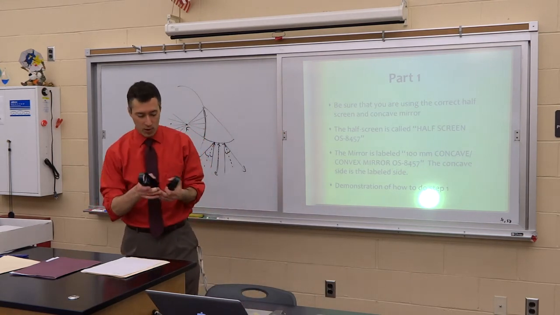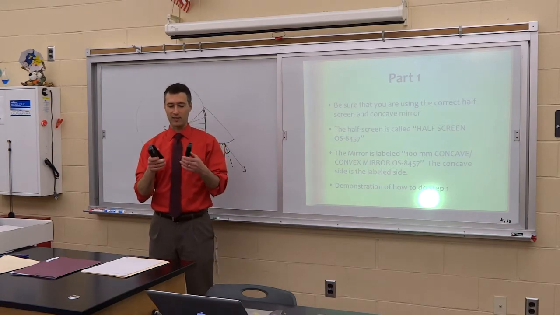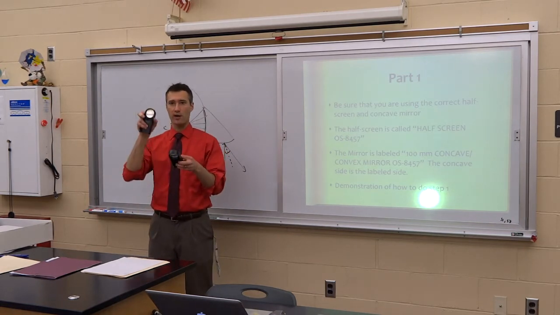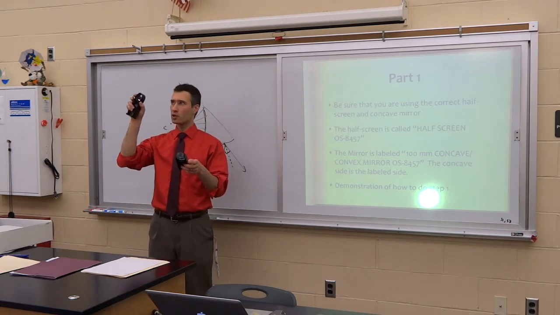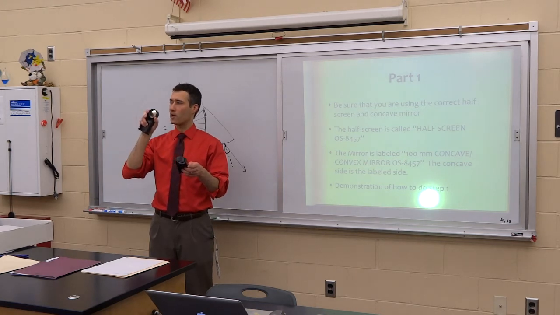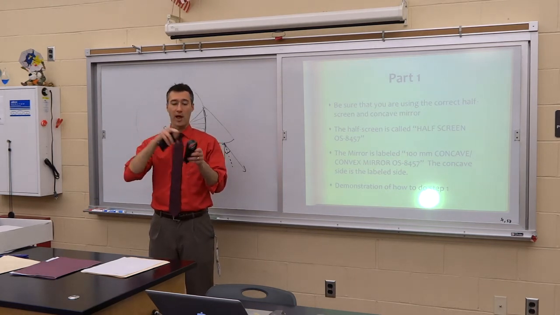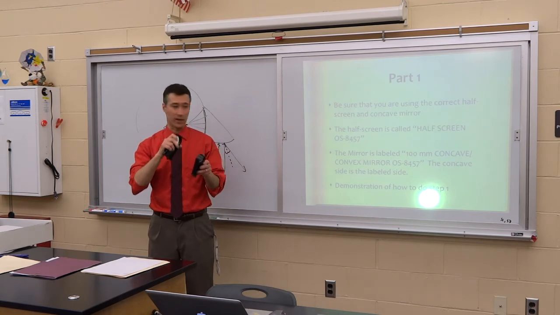And for this part of the lab, you're supposed to find some distant image that you're going to try and focus. You're going to try and reflect light off of the concave side of the mirror from that distant image and then focus that on your half screen.